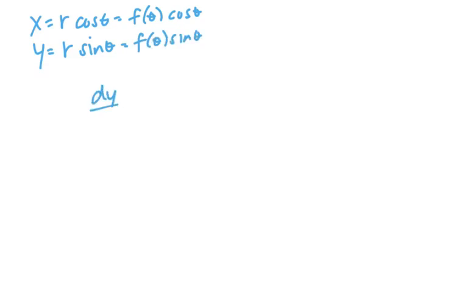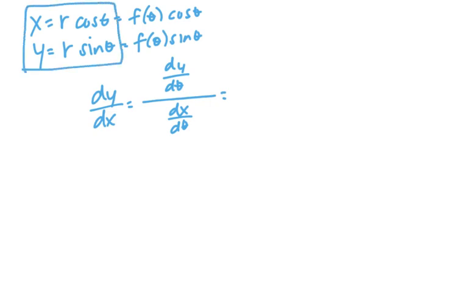Now dy over dx is very much like it was in parametrics. We're going to have the derivative of y with respect to theta over the derivative of x with respect to theta. Now this is a product rule. Pay attention to that because we have a theta and an r. So let's look at these two. Now the derivative of y, I like to keep the r and take the derivative of sine, but if you look it up in your book, they're going to do it the other way.